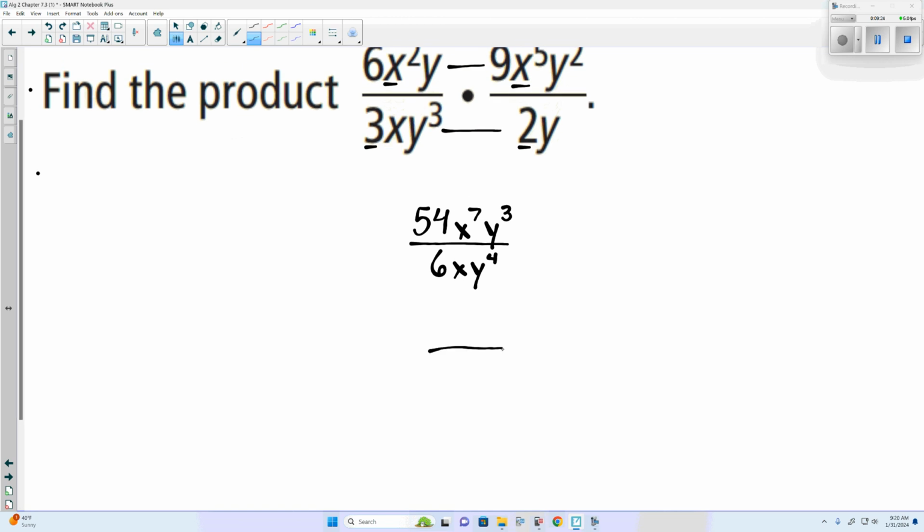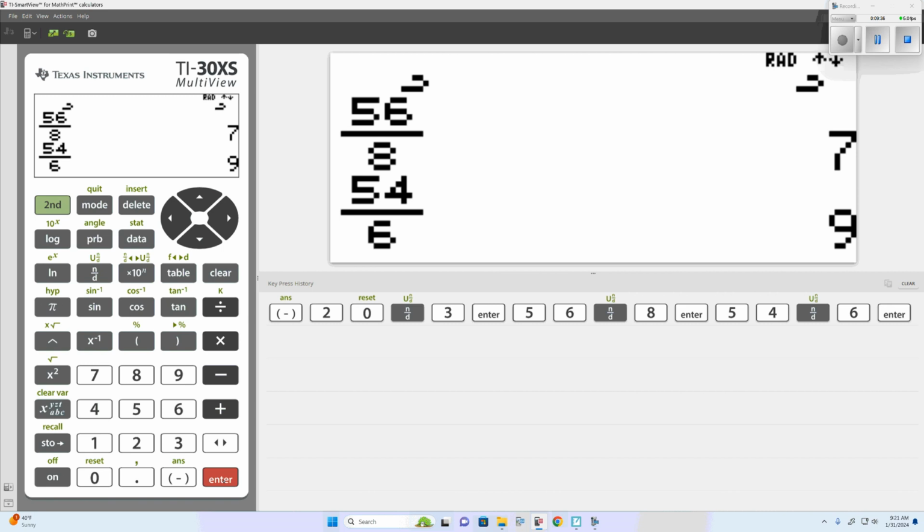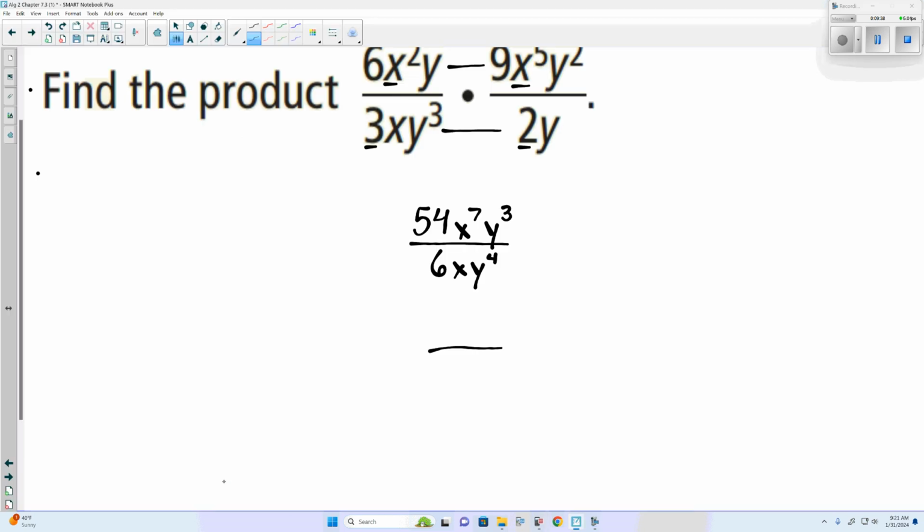Now our last step is to simplify. Our 54 over 6 would reduce to what? It would reduce to 9, because we can check it on the calculator. 54 over 6 is 9 over 1, or just 9 in the numerator. X to the 7th over x is x to the 6th, because 7 minus 1 is 6.